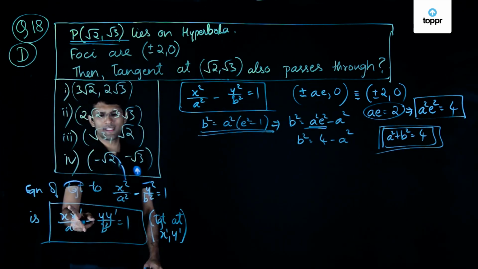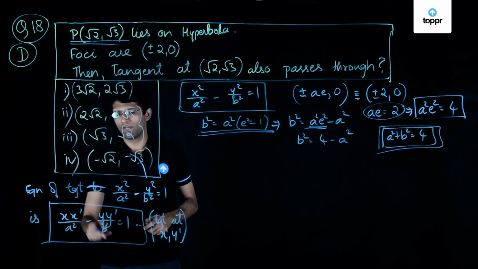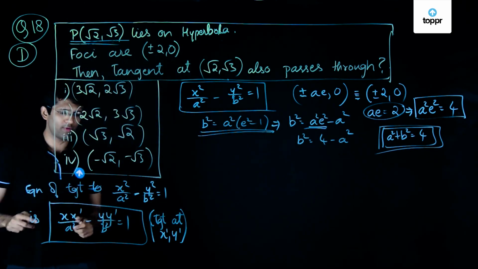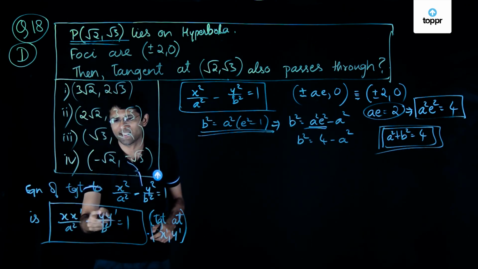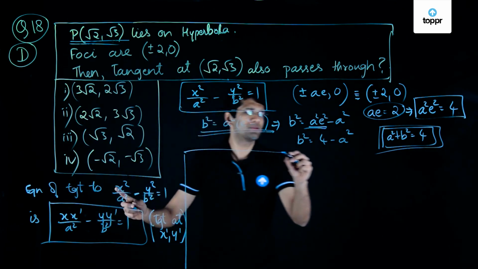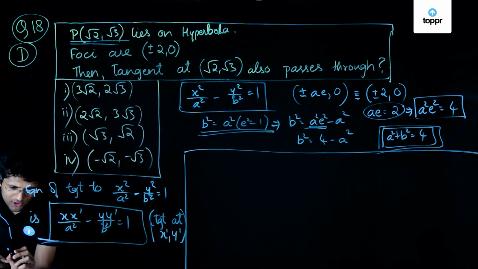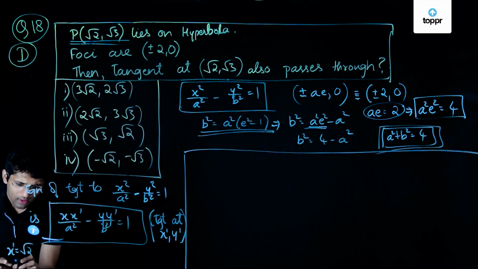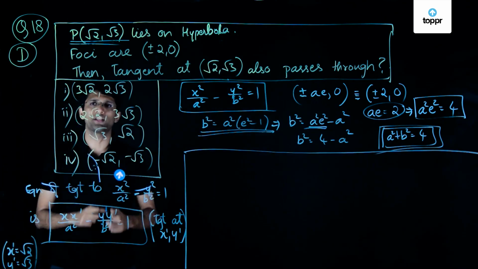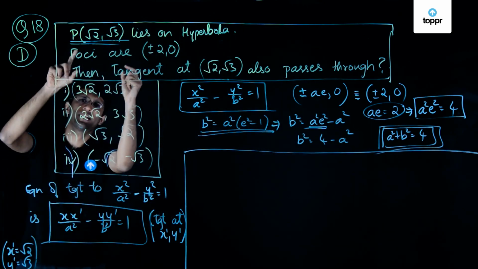Note that because this tangent passes through P, root 2 comma root 3, we will now substitute x dash is equal to root 2 and y dash is equal to root 3 in this equation. This point root 2 comma root 3 lies on this tangent, because this is the tangent at that point itself on the hyperbola.